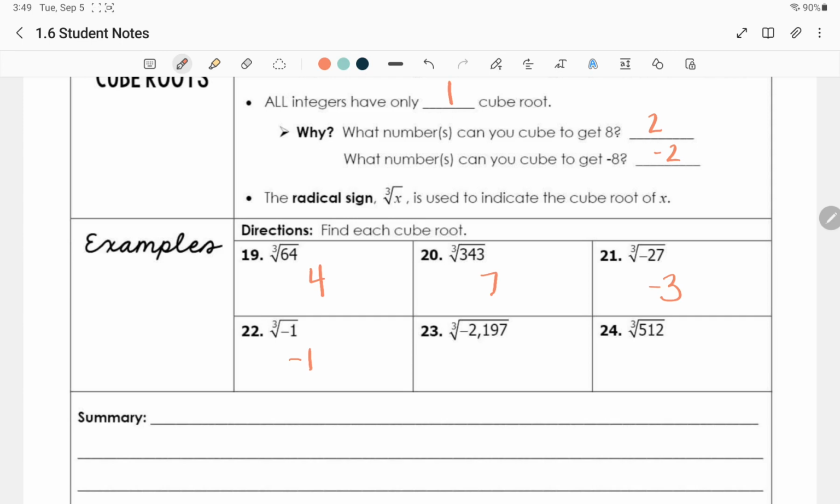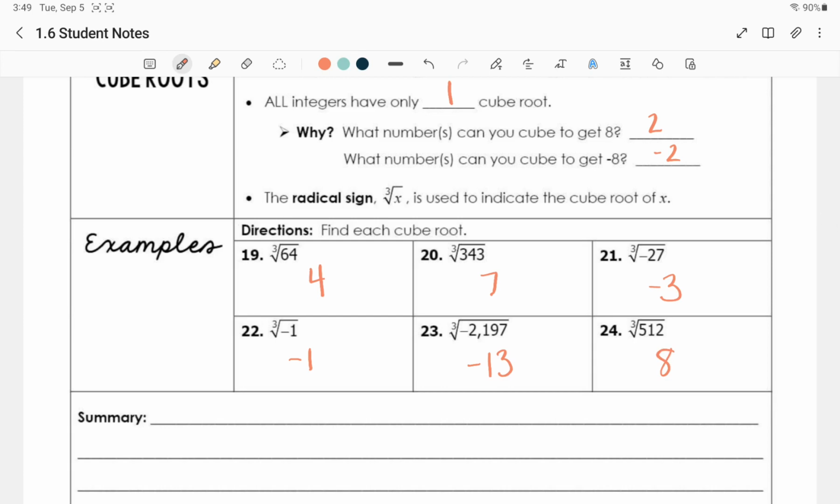And then 2,197, if you cube that, you can cube something on your calculator. You just look for the 3 above the radical symbol, and you can have a negative 13. And 512, the cube root of that would be 8. 8 times 8 times 8 would give us 512.